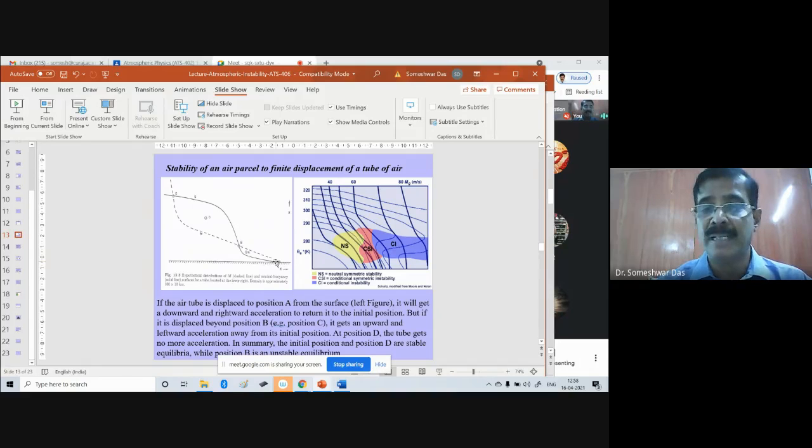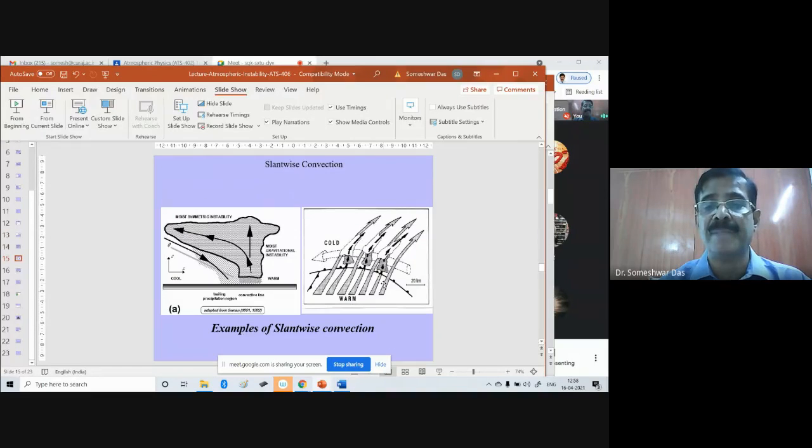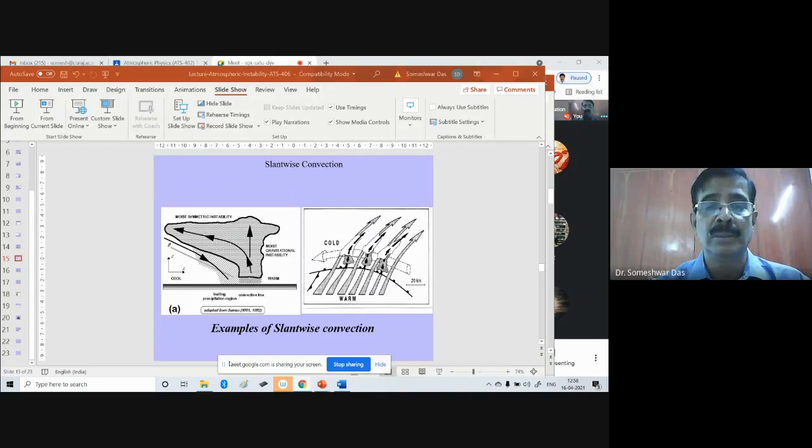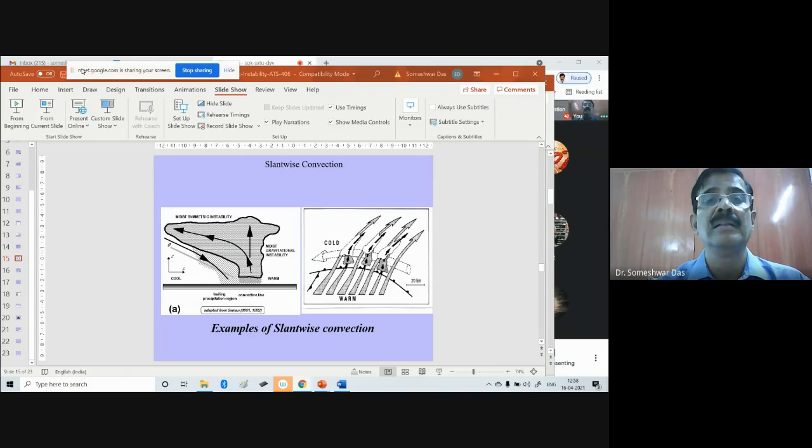As a result of the conditional symmetric instability, we mentioned yesterday that we get slant-wise convection as illustrated. Is this slide visible to you all? Are you able to see this slide? Yes, sir. Okay. So the diagram on the right hand side is showing that the clouds which form in a symmetric instability situation are not straight vertical, but they are slanted, slant-wise convection.